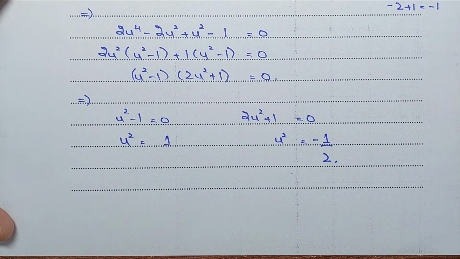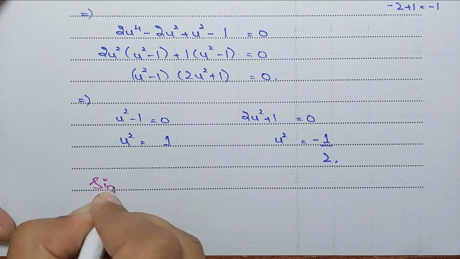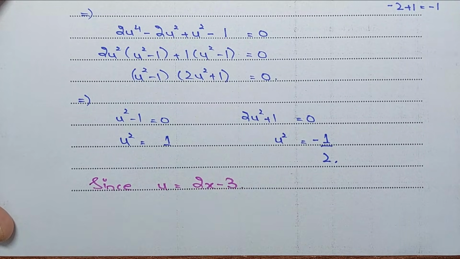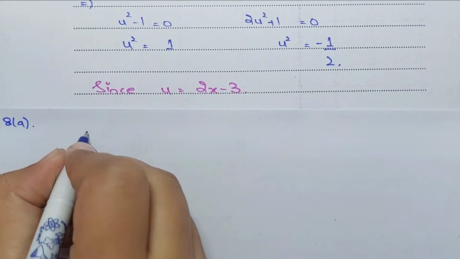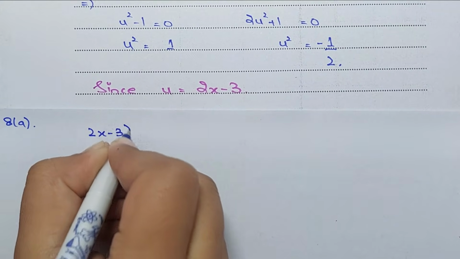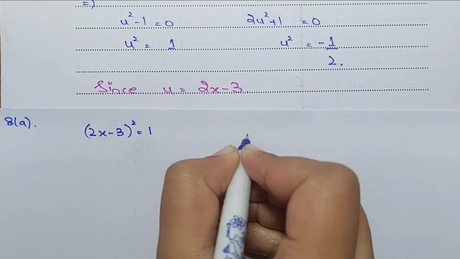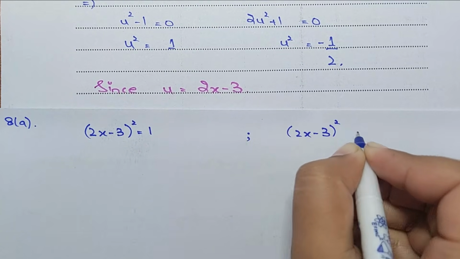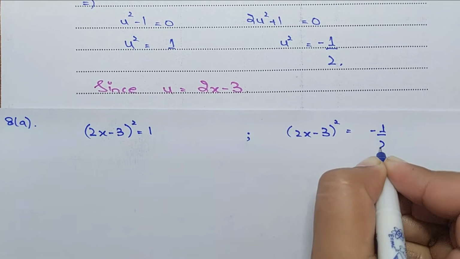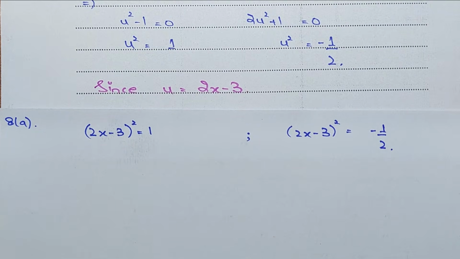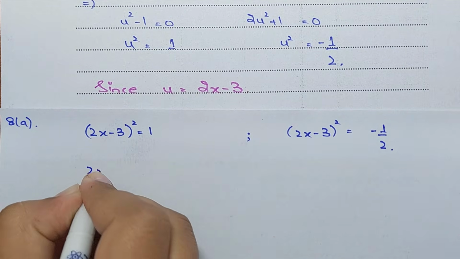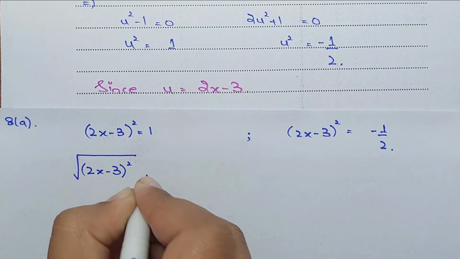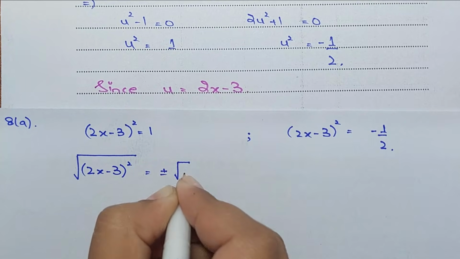Okay, now since u is 2x minus 3, let me put the u value over here. 2x minus 3 whole square is equals to 1 and 2x minus 3 whole square is equals to negative 1 over 2. Now to solve for x, we have to take a square root on both sides. 2x minus 3 would be equals to plus minus square root of 1.